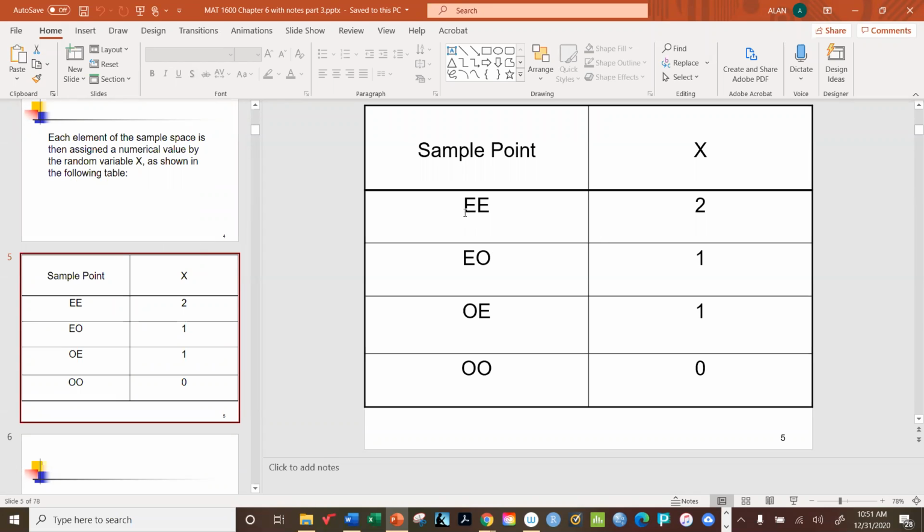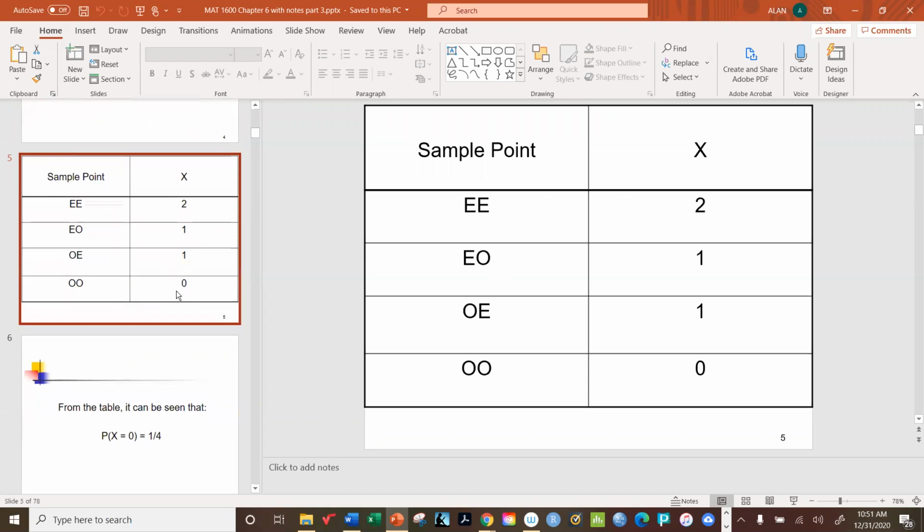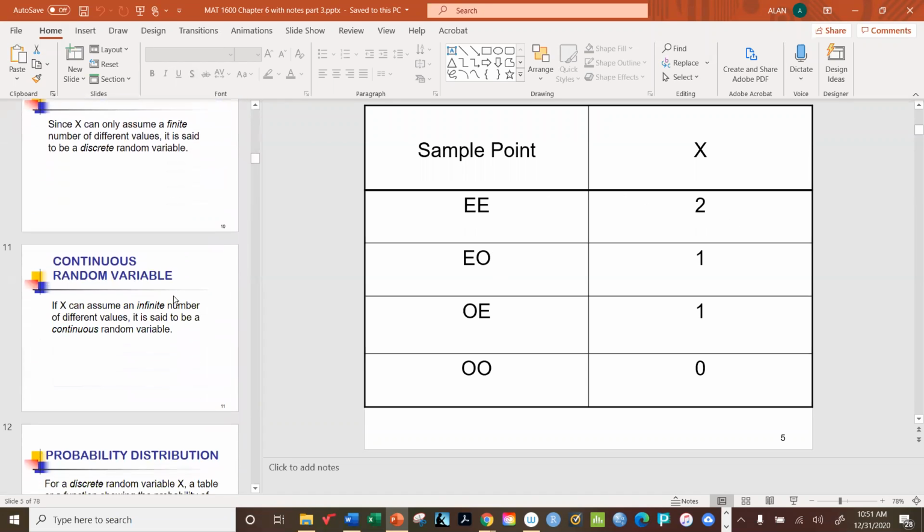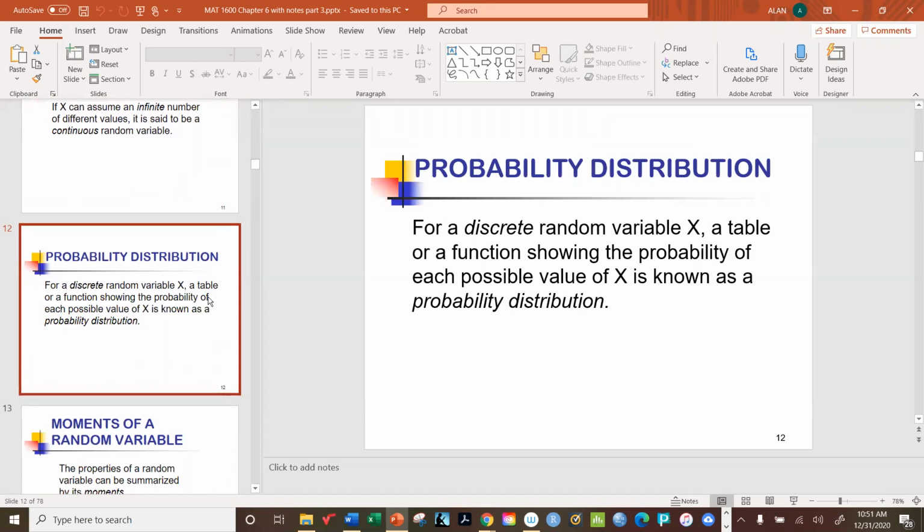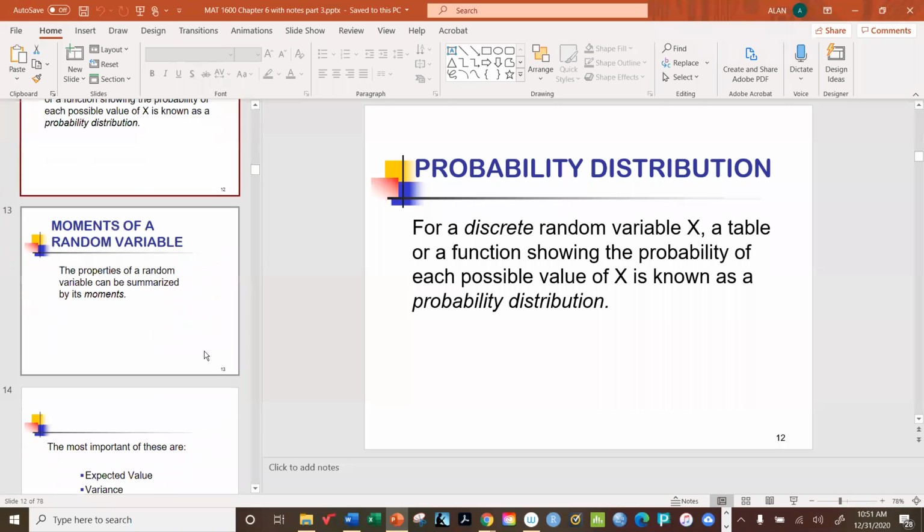So you want to keep track of how often this can happen. And also, of course, the key detail here is the probability of each of these outcomes, which gives us what's called a probability distribution. So the probability distribution is where the outcomes of the experiment are actually assigned probabilities.